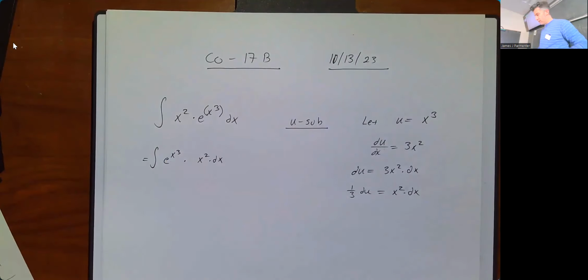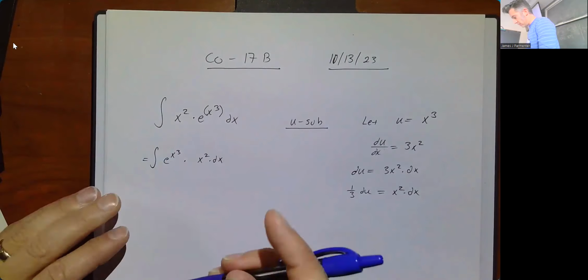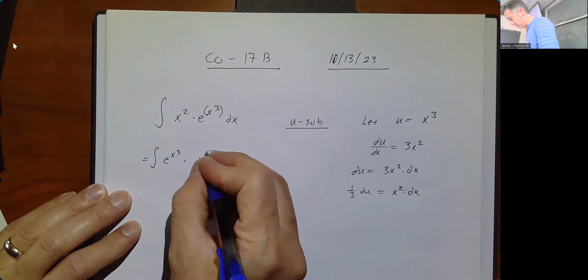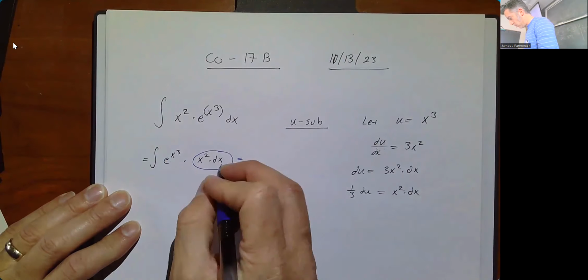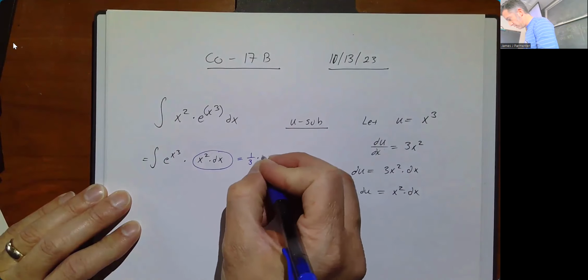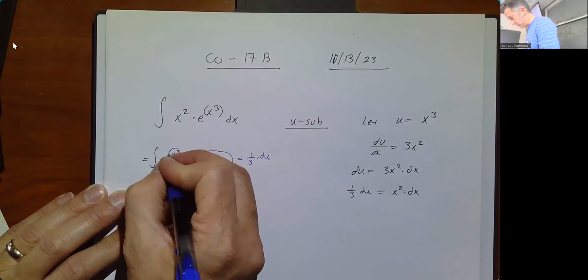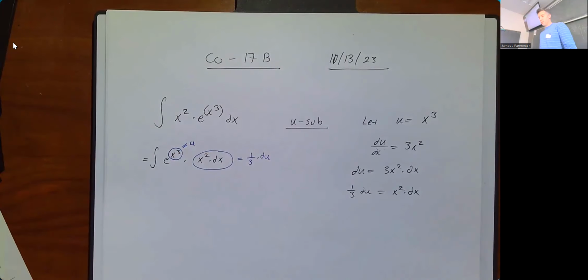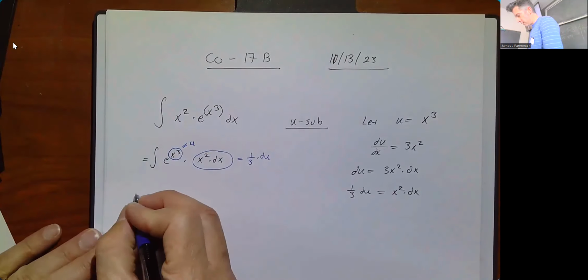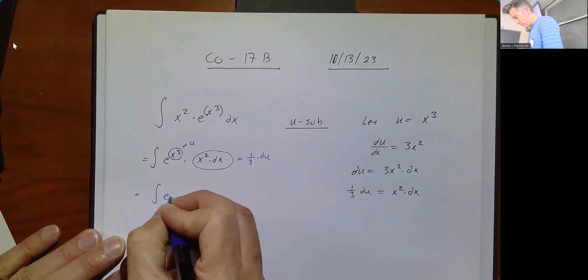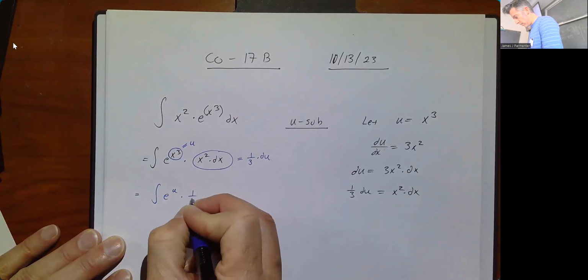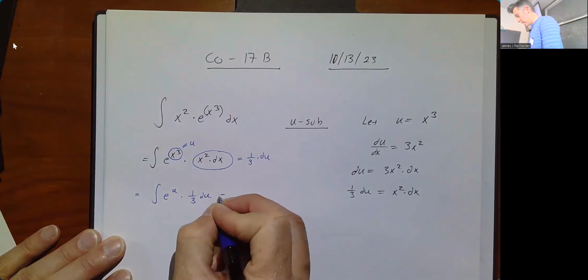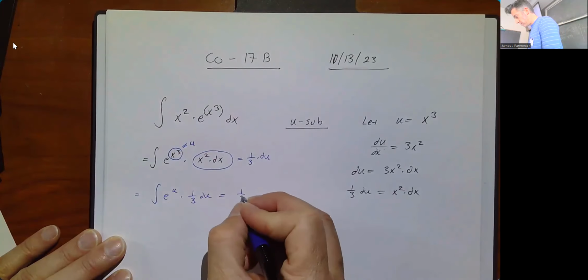Then x squared times dx is equal to 1/3 du, and x cubed is equal to u. So I can rewrite this integral as the integral of e to the u times 1/3 du, which I would then bring the 1/3 out in front.